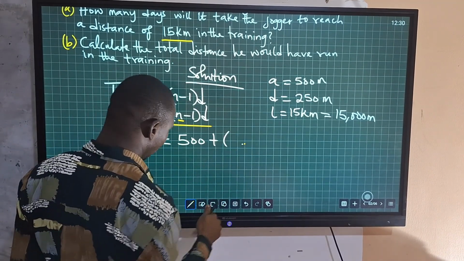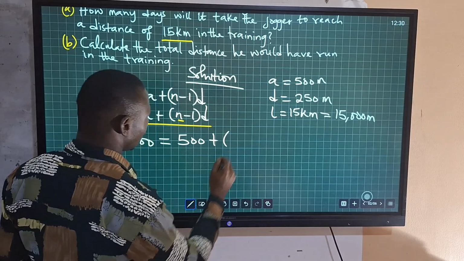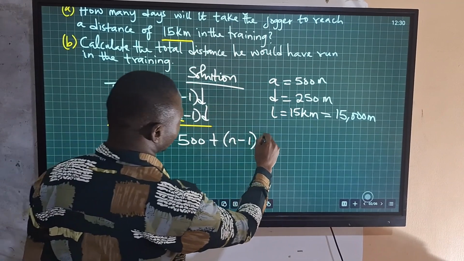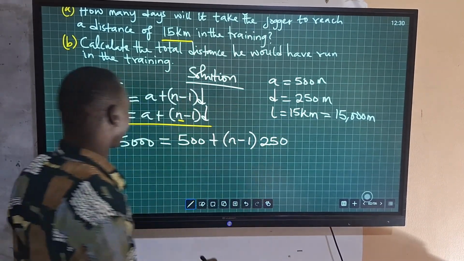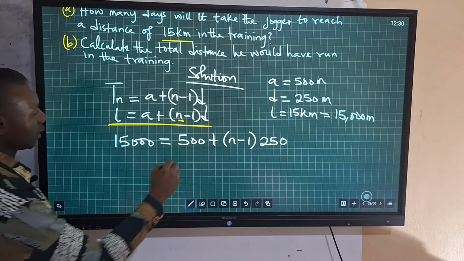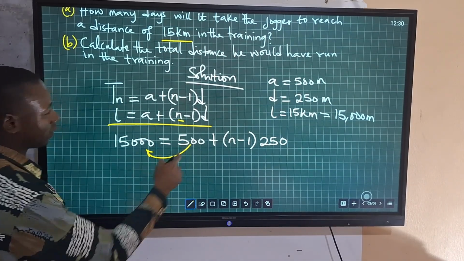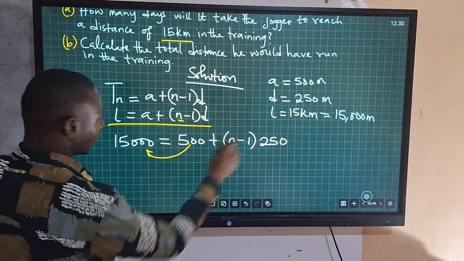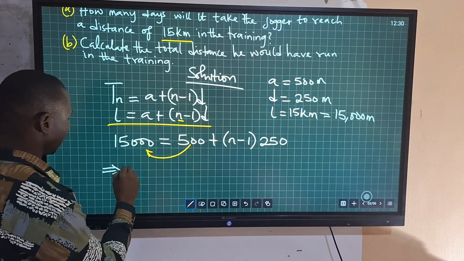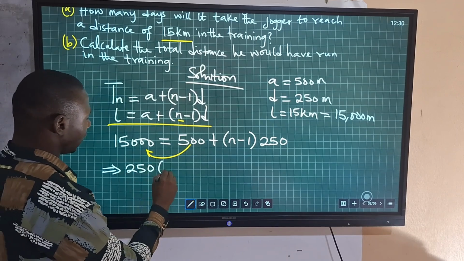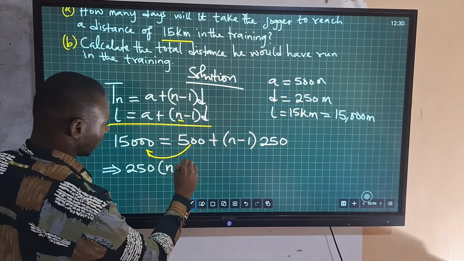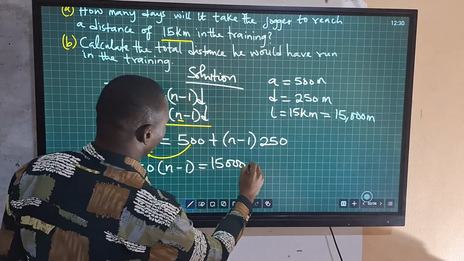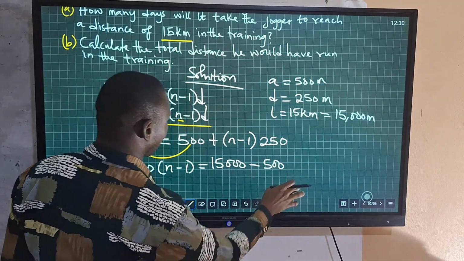So n minus 1 times our common difference, which is 250. Okay, now from here, I will move this 500 to this side, then I'll have 250 by n minus 1 will give me 15,000 minus 500.